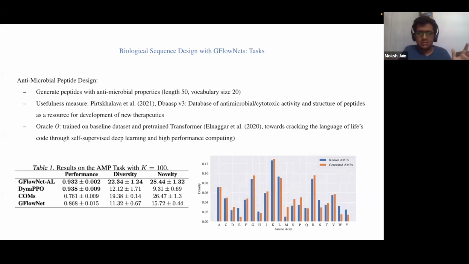So what we ended up deciding is we'll reserve half of the data set, selected based on target species and a few other biological criteria. And we use that to train one oracle model, and we use the rest of the data, half of the data, as a starting point for the GFlowNet active learning.